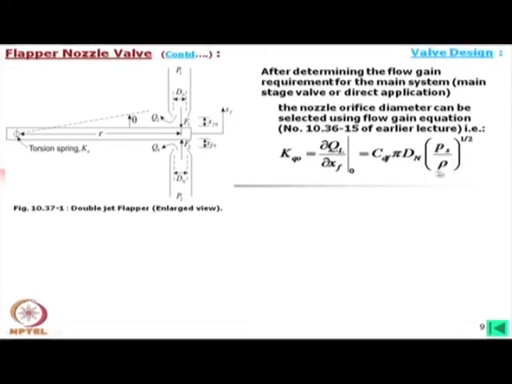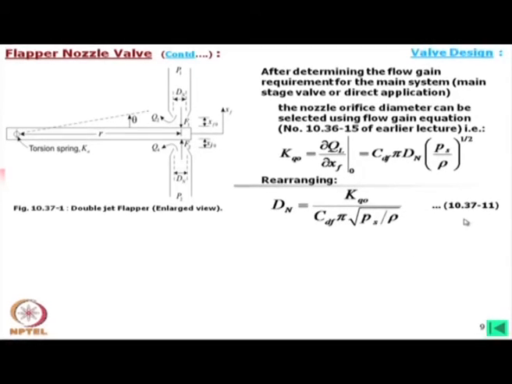However, we know what oil is being used and what the system pressure will be, and from there we estimate the diameter of the nozzle, and rearranging this equation gives it in this form.